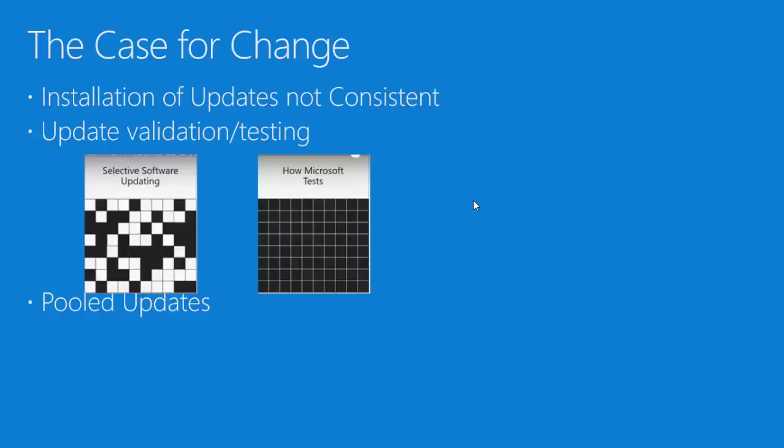Another reason that we needed to change is, again, just what I referred to, the validation testing of the updates really became very unpredictable as we looked at trying to make sure that when you applied our updates there wouldn't be any problems. There was just such a variety of test matrices that we had to factor in. It was really difficult.